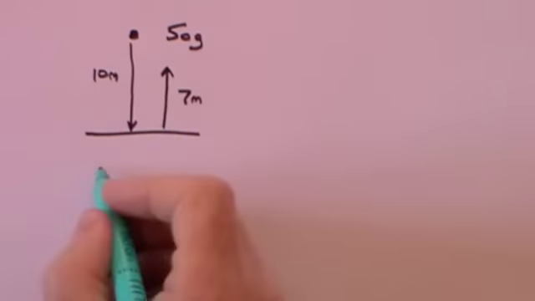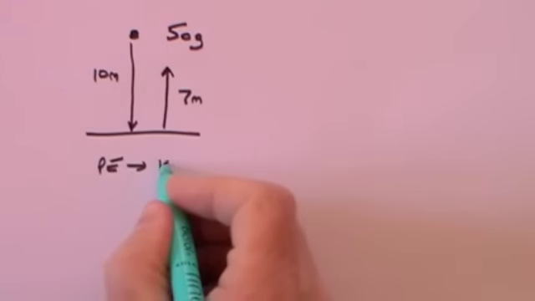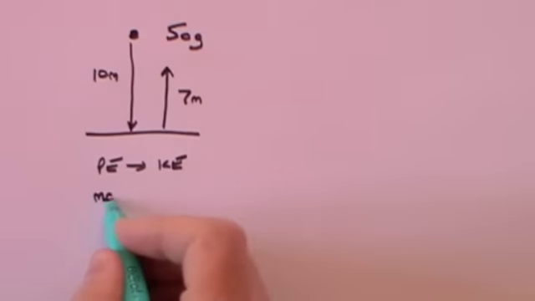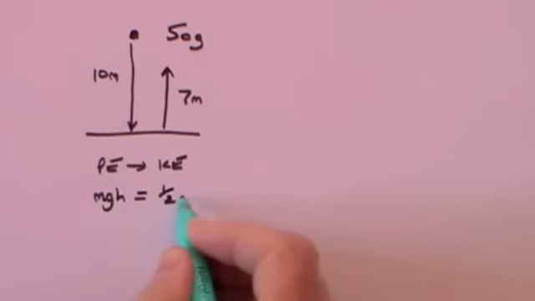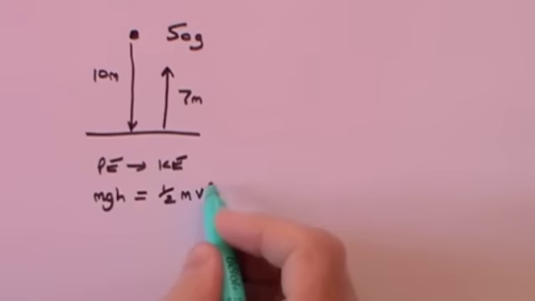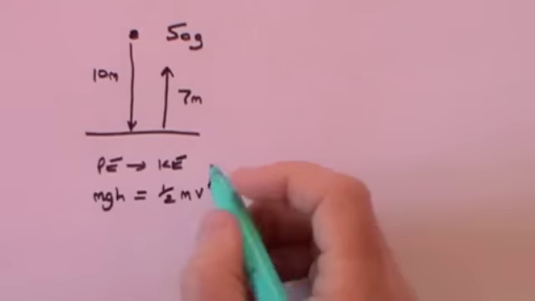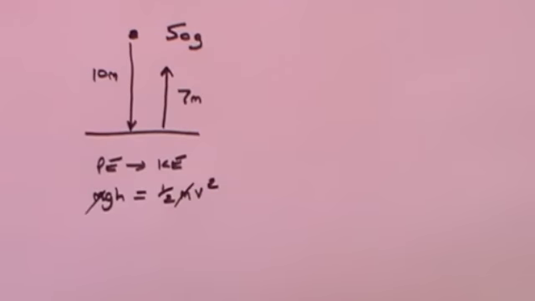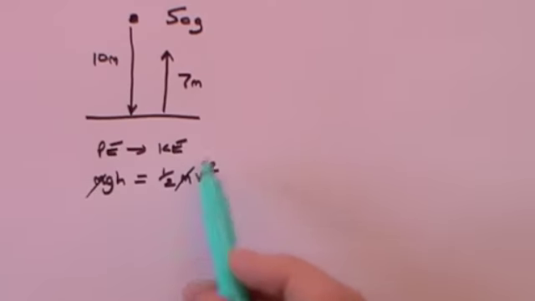Well, once again, we know that potential energy will be converted into kinetic energy, which means that mgh will be a half mv squared. And that means that the m's cancel. Although, in fact, I'm being asked, what is the kinetic energy? So actually, the kinetic energy is that whole term.